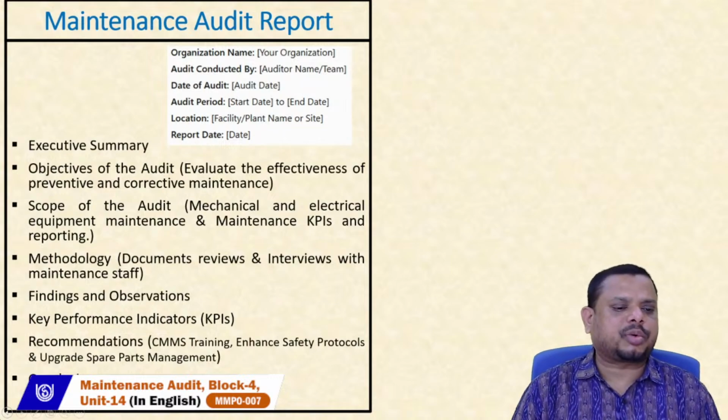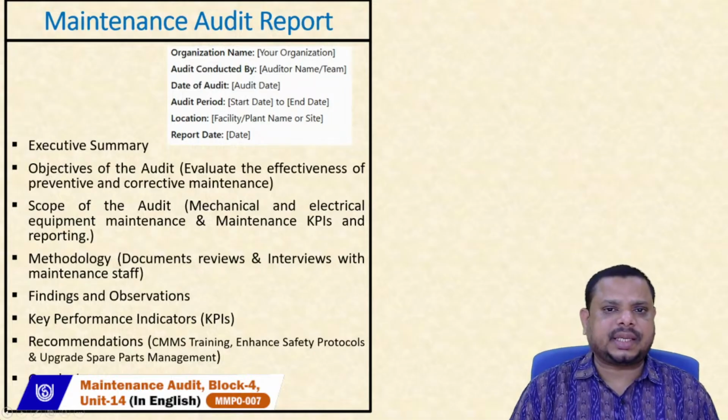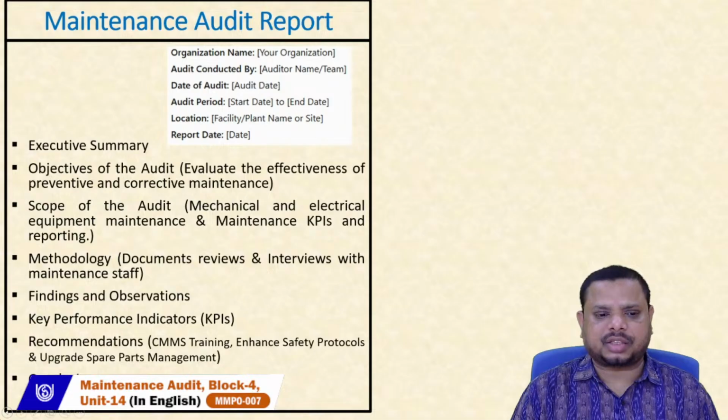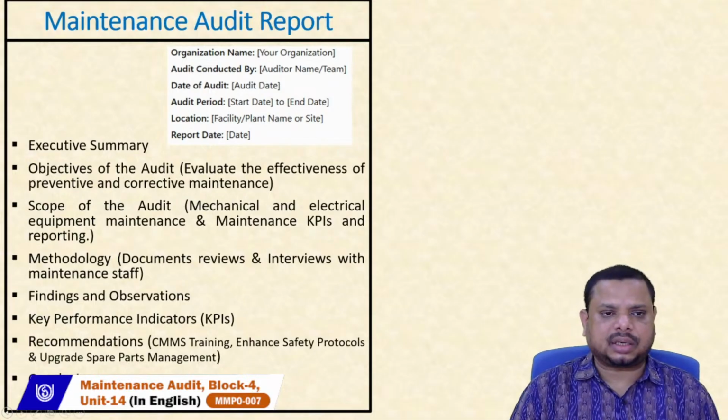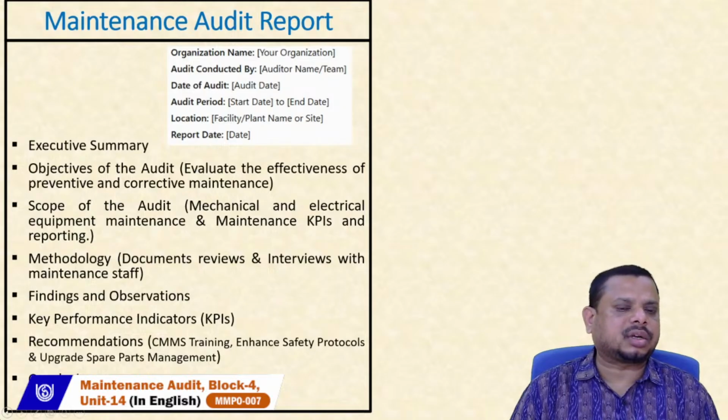The next one is they will provide the recommendations for the computerized maintenance management system, shortly known as CMMS, trainings, enhanced safety protocols, upgraded spare parts management, and finally they will provide the conclusion. So these are the contents which are basically included in maintenance audit reports.